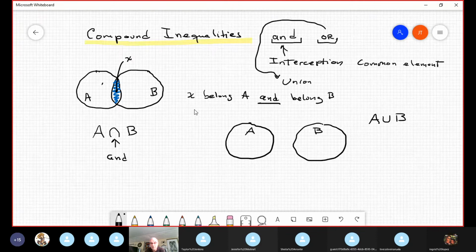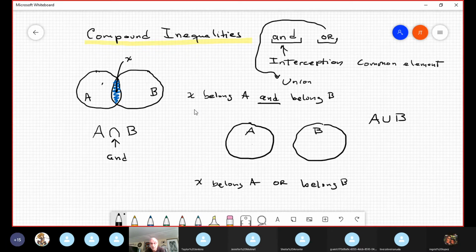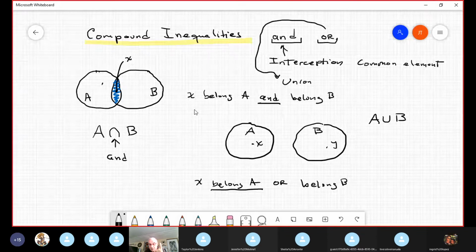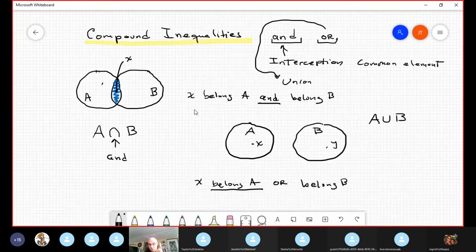O sea, X belongs to A or belongs to B. So you pick here one value that belongs to A, satisfies this condition, but does not satisfy this condition. But I don't care, because only one condition is enough to satisfy this. And like Y here, one element Y belongs to B, but does not belong to A. When it's OR, you need to satisfy only one condition.